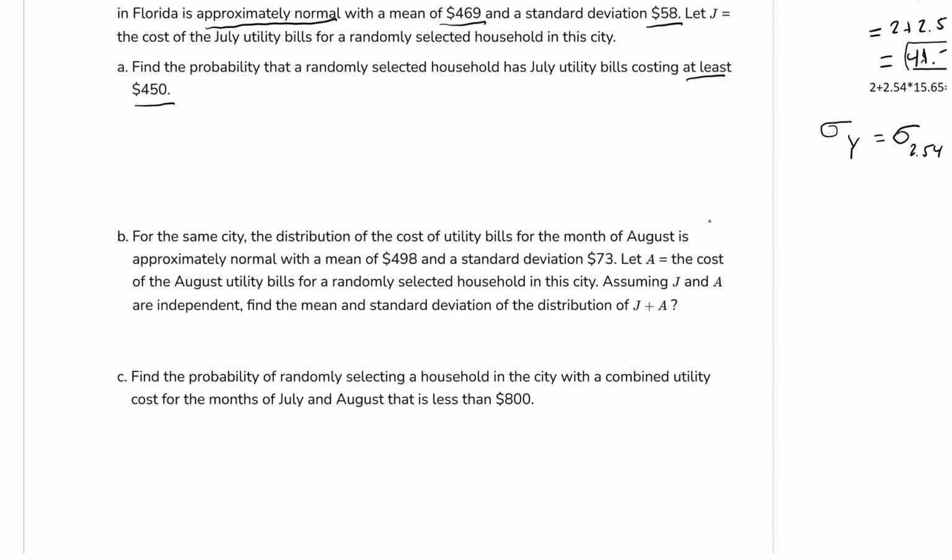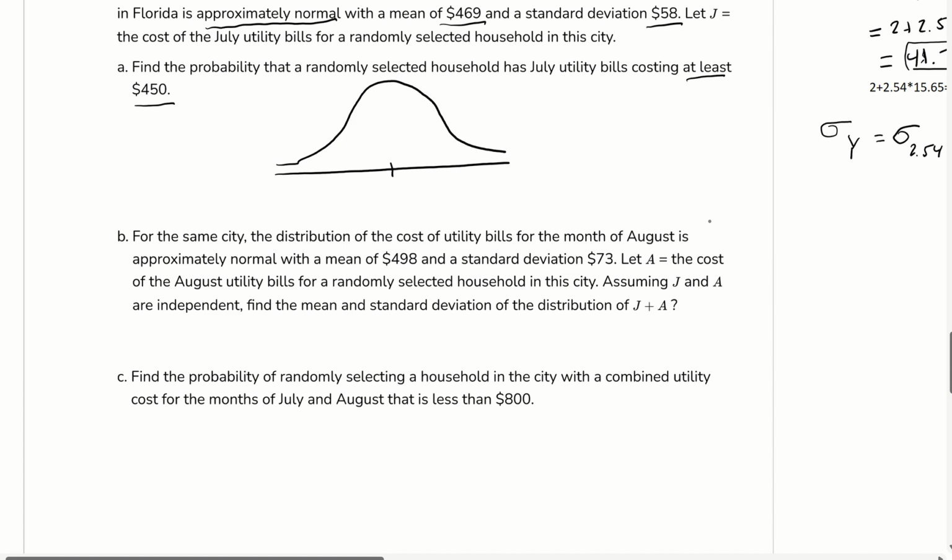Okay, so again, this is a normal distribution, so I'm just going to try to draw out the distribution here. The mean is 469, and then the standard deviation is 58. So I'm going to continue to add 58 to that. Just to show my work here.